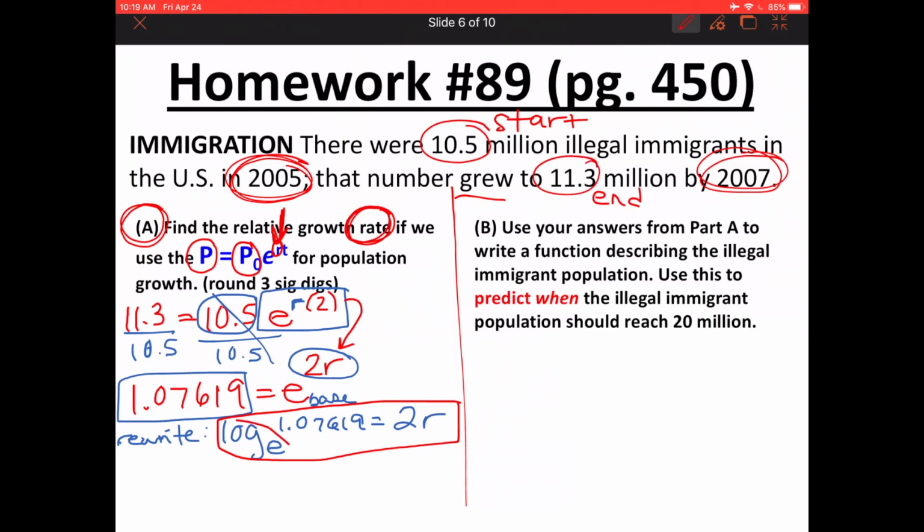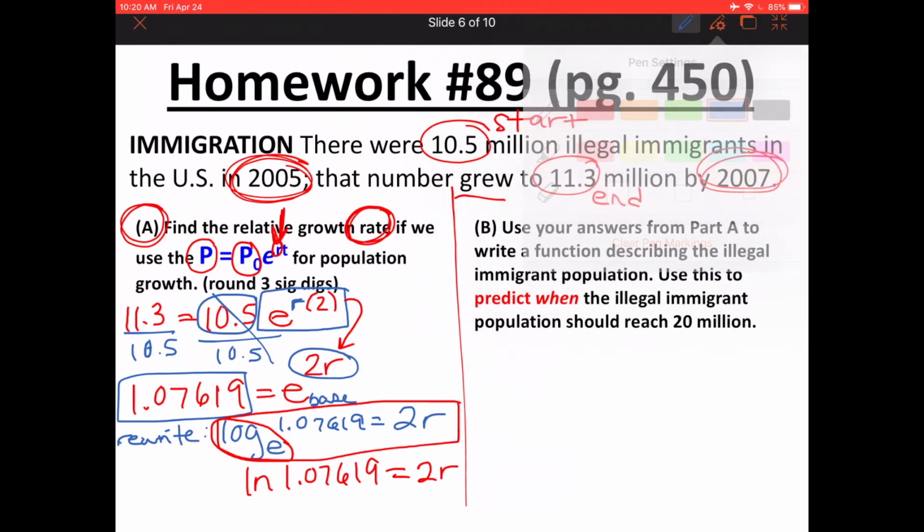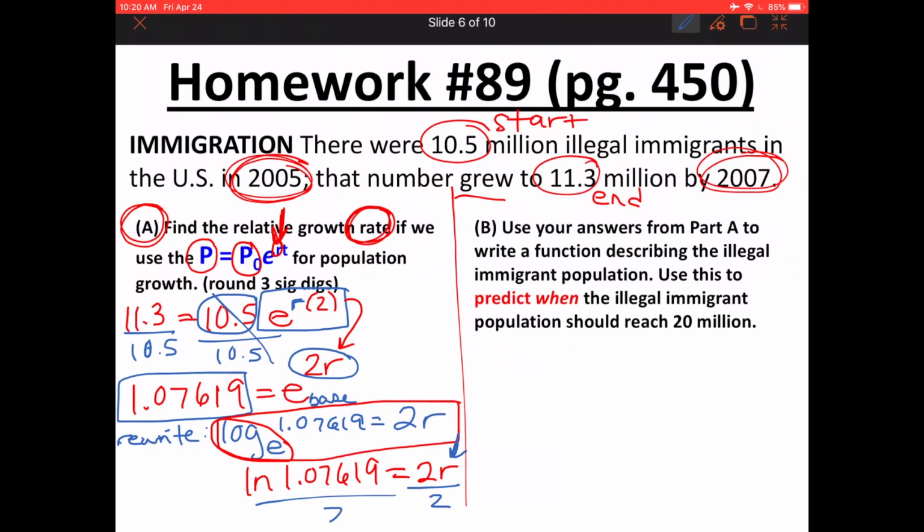Now, remember that log base e is the same thing as writing ln, the natural log. So I really have ln of 1.07619 equals 2r. And so my final step to solve here for r is just divide both sides by 2, okay?